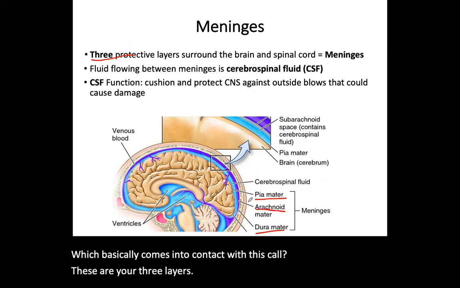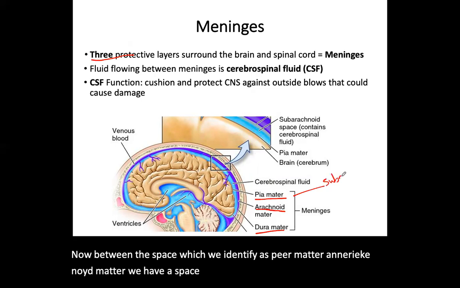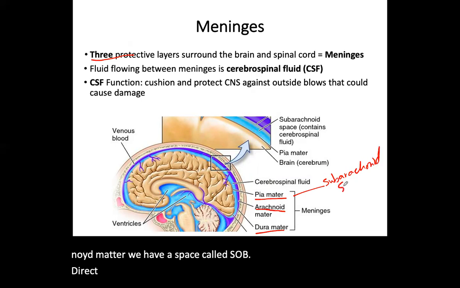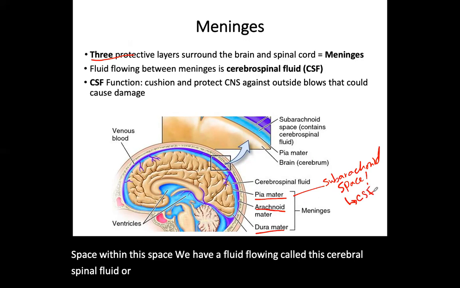Now, between pia matter and arachnoid matter, we have a space called the subarachnoid space. Within this space, we have a fluid flowing called the cerebrospinal fluid, or CSF for short.